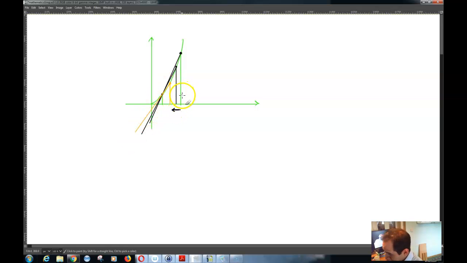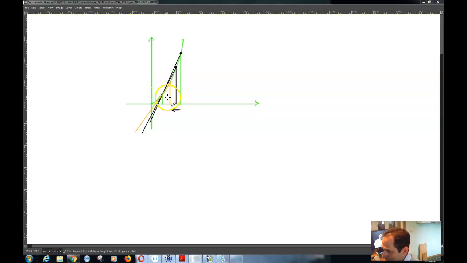And then we call this the limiting process, until the point got close enough to the point over here that we could assume the two points were actually exactly the same point.